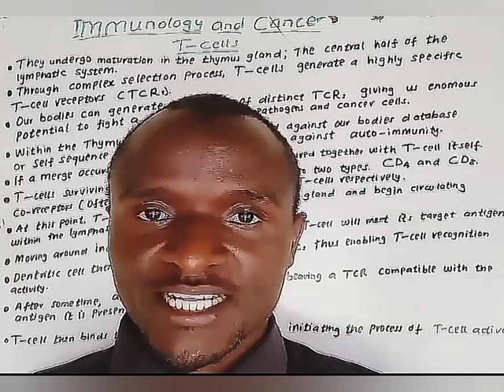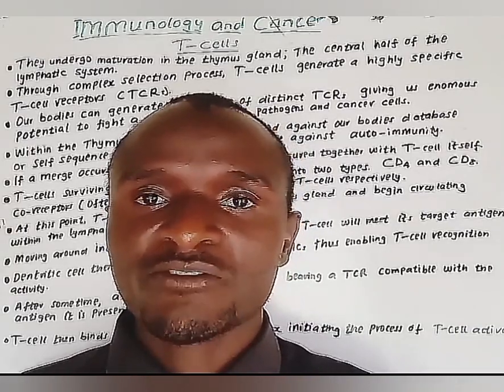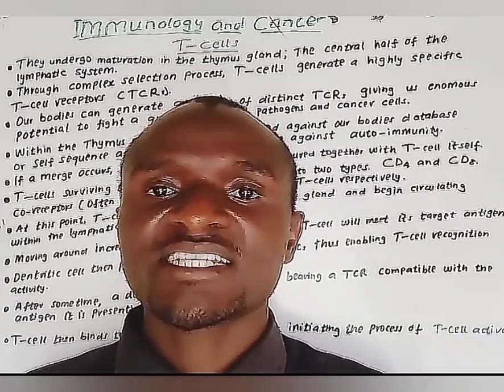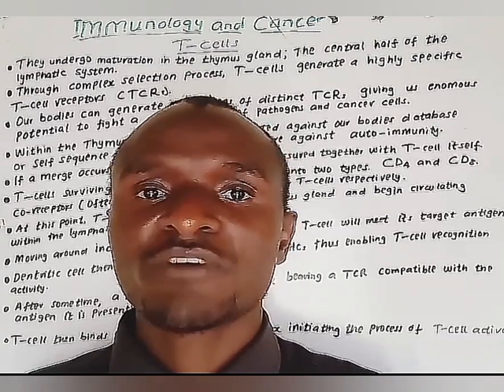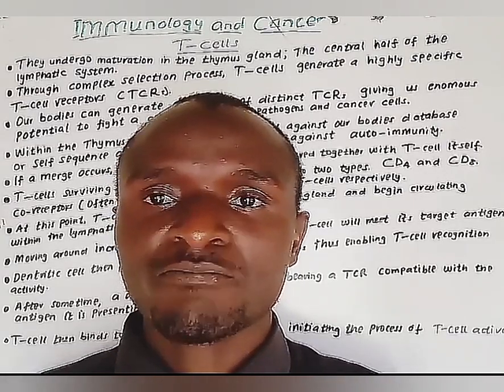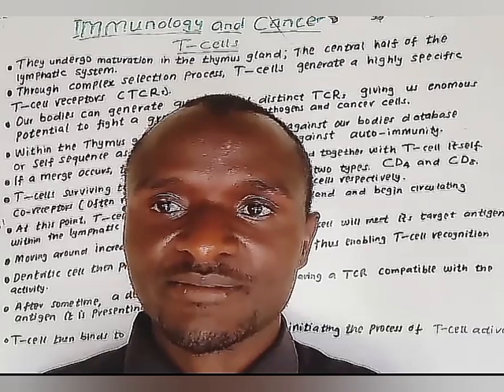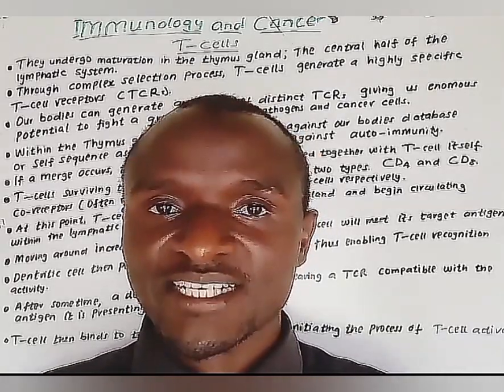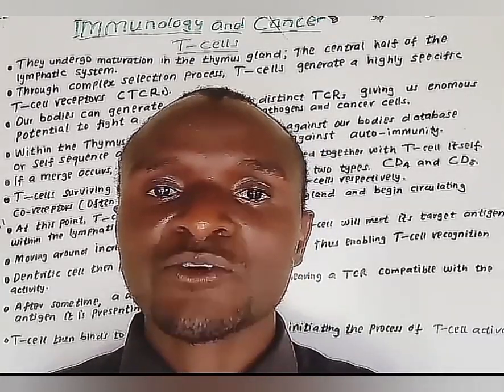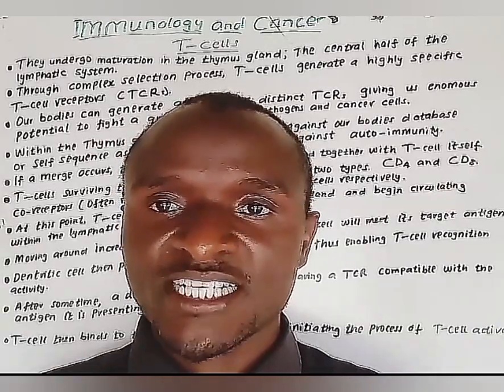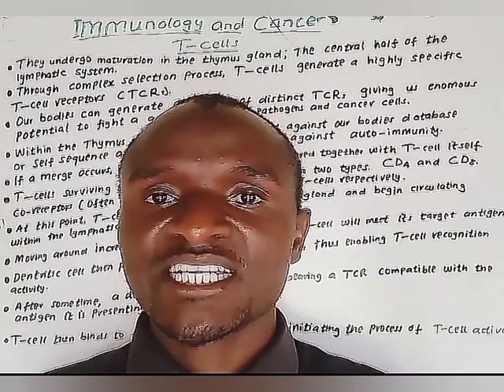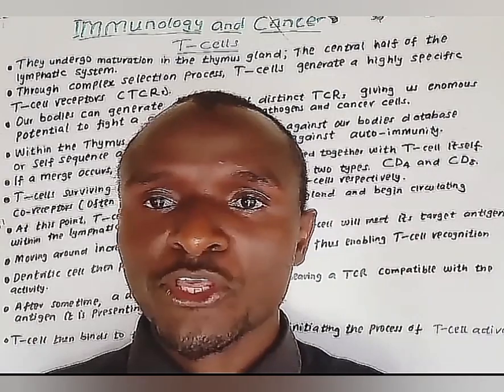Our bodies can generate millions of TCRs, giving us enormous potential to fight a vast variety of pathogens and cancer cells. Within the thymus gland, T cells are normally tested against our body's database as a safeguard against autoimmunity.